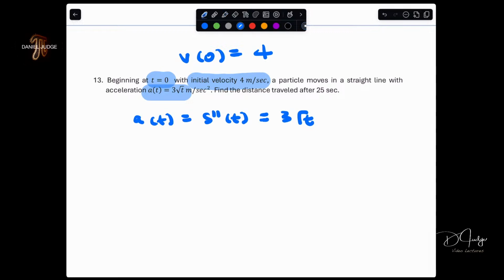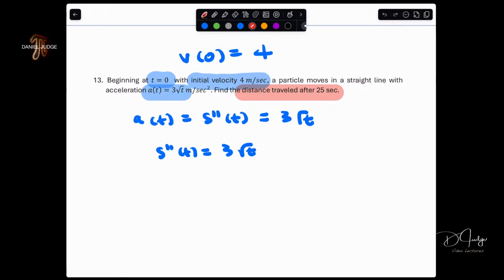And, of course, what that means is that you got the second derivative here being 3 square root of t now. Find the distance traveled after 25 seconds. So they want us to find, when they say, what's the distance traveled? Distance traveled after 25 seconds. We got to be careful with that.